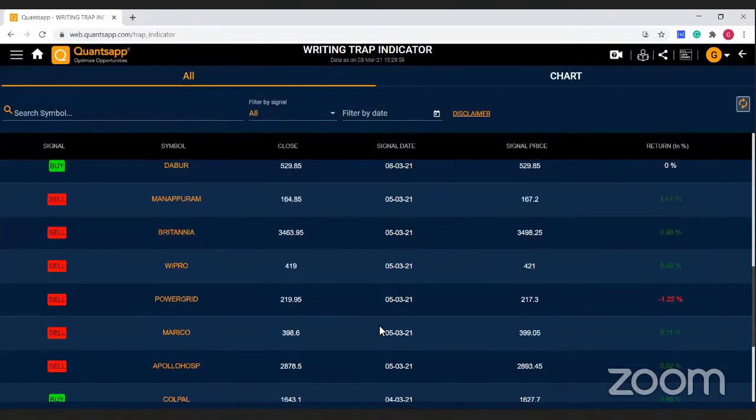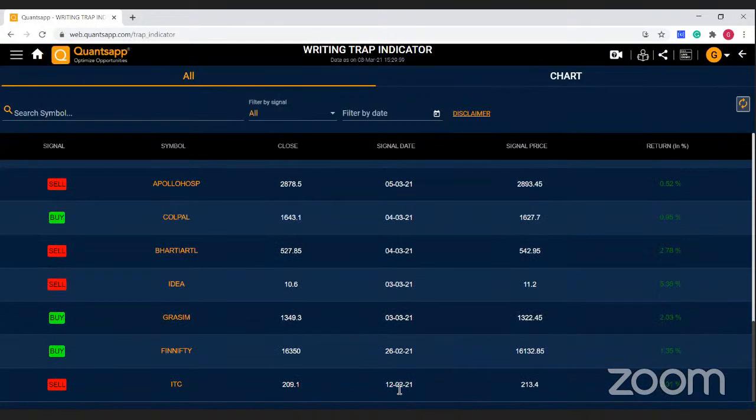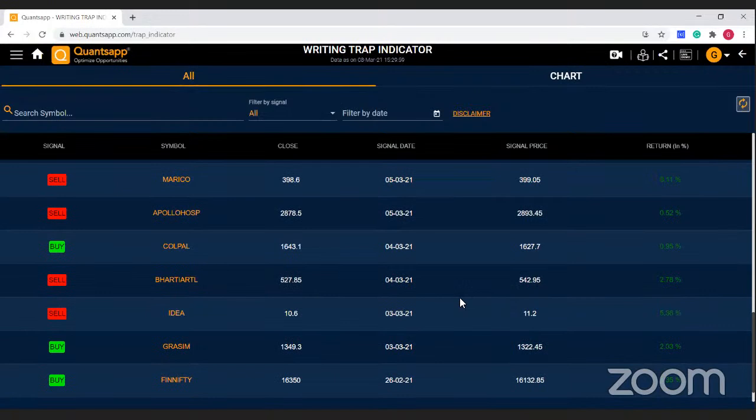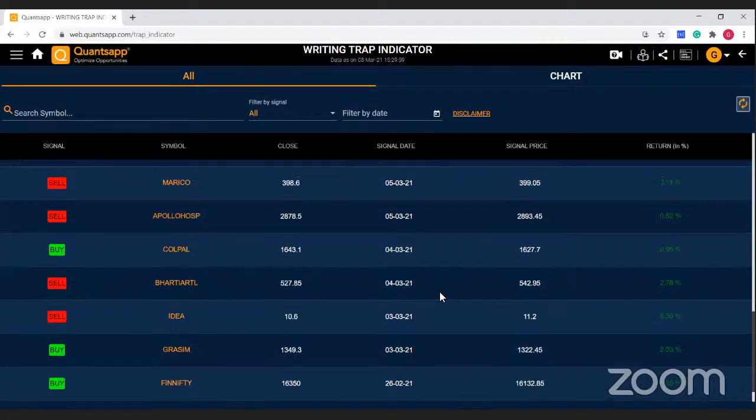Now if I look at the returns that this tool has given over a period of time, let's take the last one from the 12th of February. It has given ITC, Danfin, Nifty, Grasim, Idea, sell at the signal price of 11.2, and today it is 10.6. It's still in the trap indicator, so this algorithm is still finding Idea as one of the stocks where writers are trapped, and then Bharti Airtel.